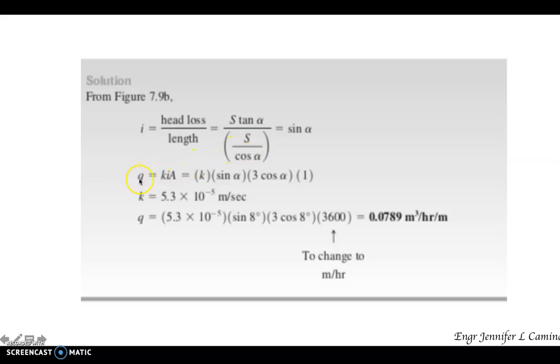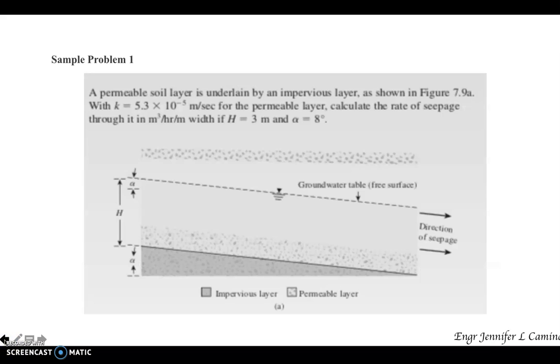From the equation Q is equal to Kia, we simply have to substitute our given values for K and alpha, and we can now obtain the value of our rate of seepage.